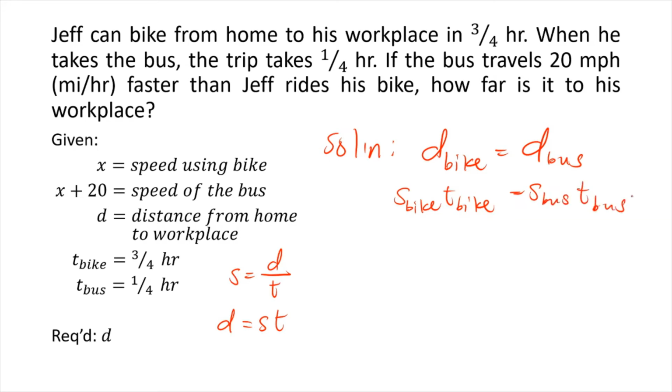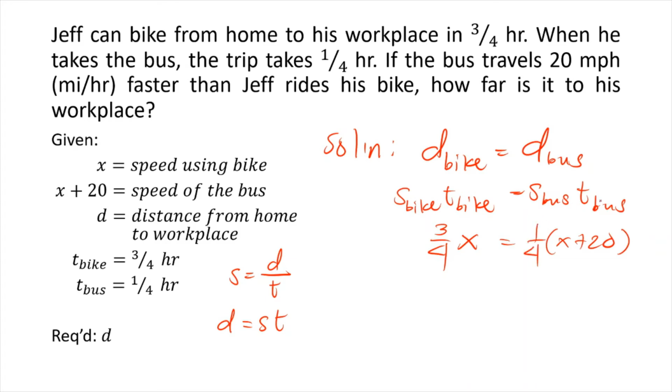And then plug in the equivalent expressions and values. So speed using the bike, that's x, and then time if he uses the bike, that's 3/4. And then the speed if he uses the bus, that's x plus 20, and then time if he takes the bus, it's 1/4.